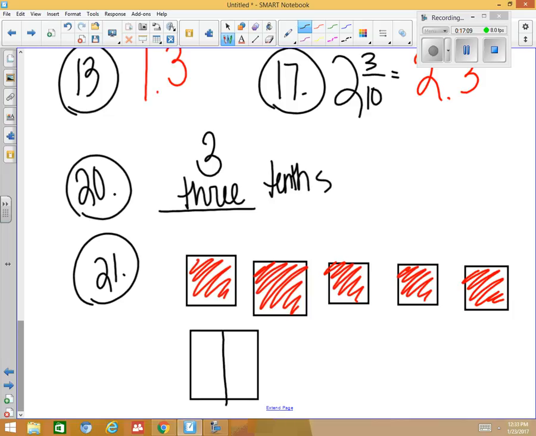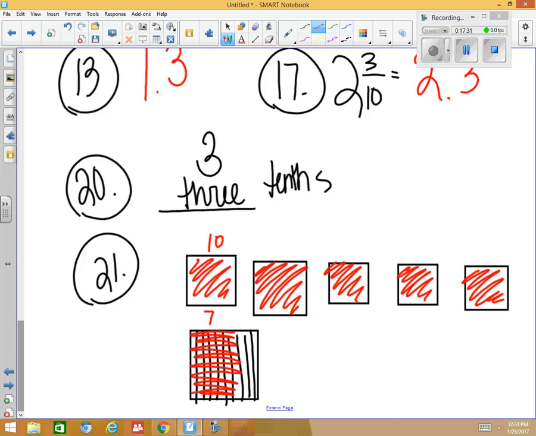I colored 7 here. So how many did I color in this box? The whole. How many's in it? 10. I heard 10. Yeah, there's 10 in this box.